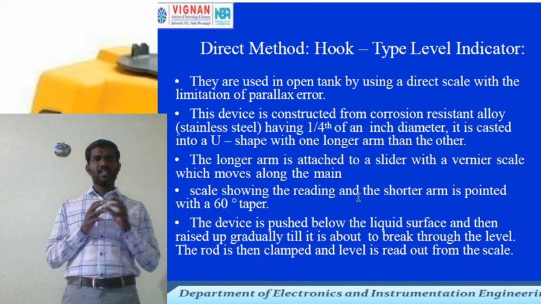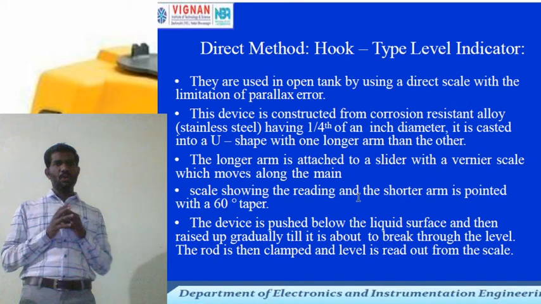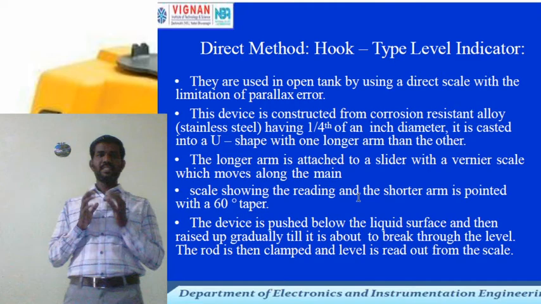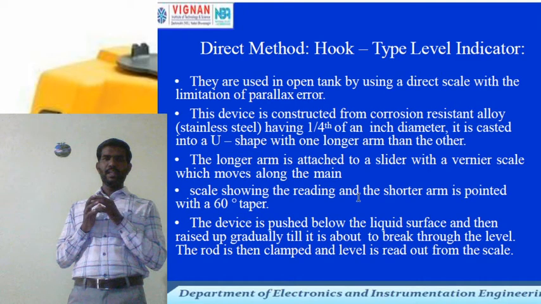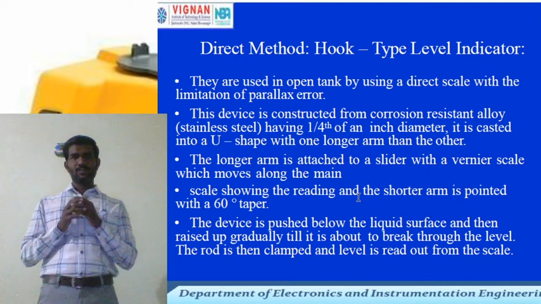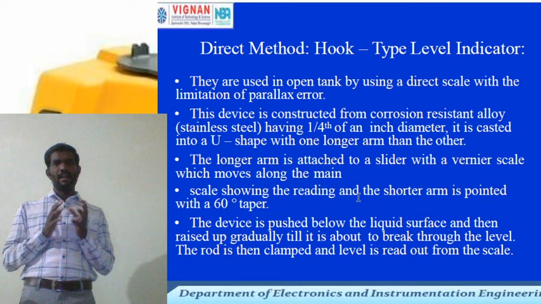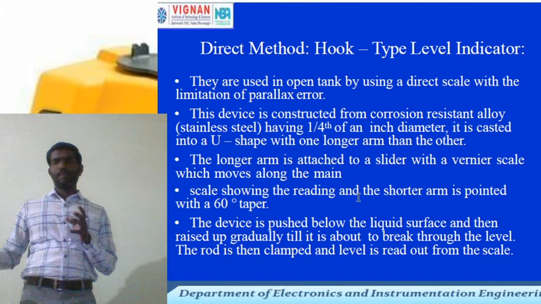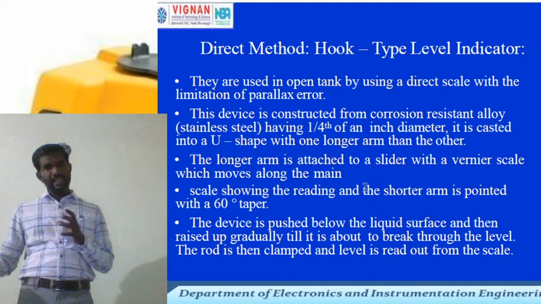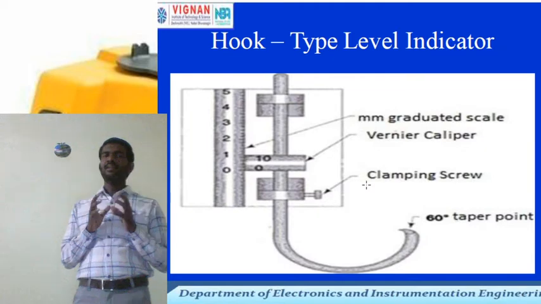This device is pushed below the liquid surface and then raised gradually till it is about to break through the level. The rod is then clamped and the level is read out from the scale. So directly we are going to measure the level on the scale.